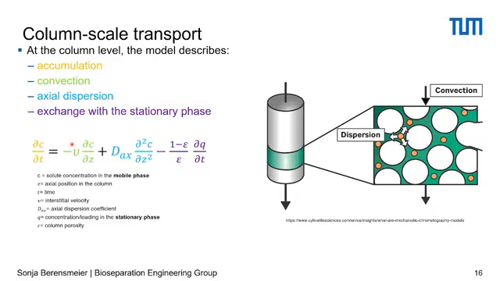So we take into account v being the interstitial velocity, so the speed of the convection, and we also take into account the axial dispersion, which takes the axial dispersion coefficient and the concentration over z, while z being the resolution across the length of the column. And then we have this equation at the end that describes the exchange with the stationary phase. Right?